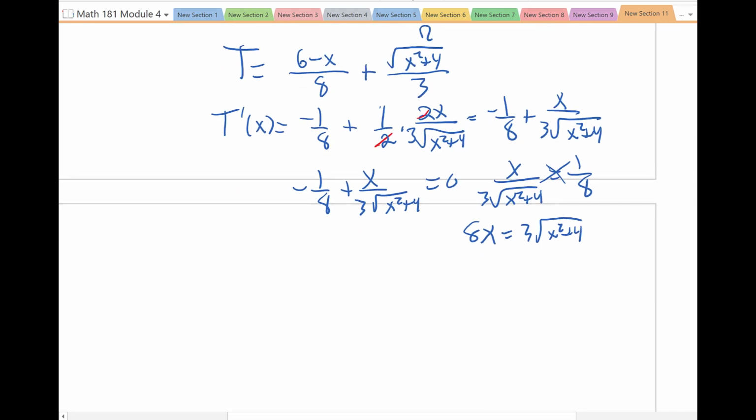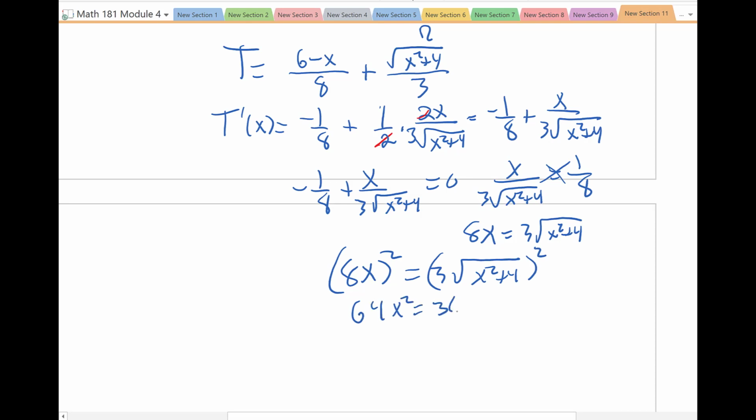Now to solve this radical equation we have to square it. So we have 8x squared equals 3 times the square root of x squared plus 4, squared. So 64x squared equals 3 times the quantity x squared plus 4. 64x squared equals 3x squared.